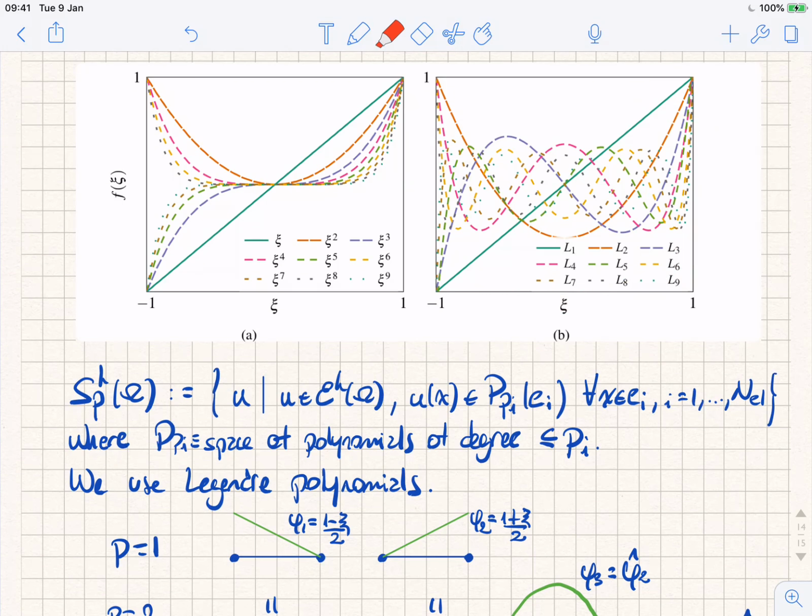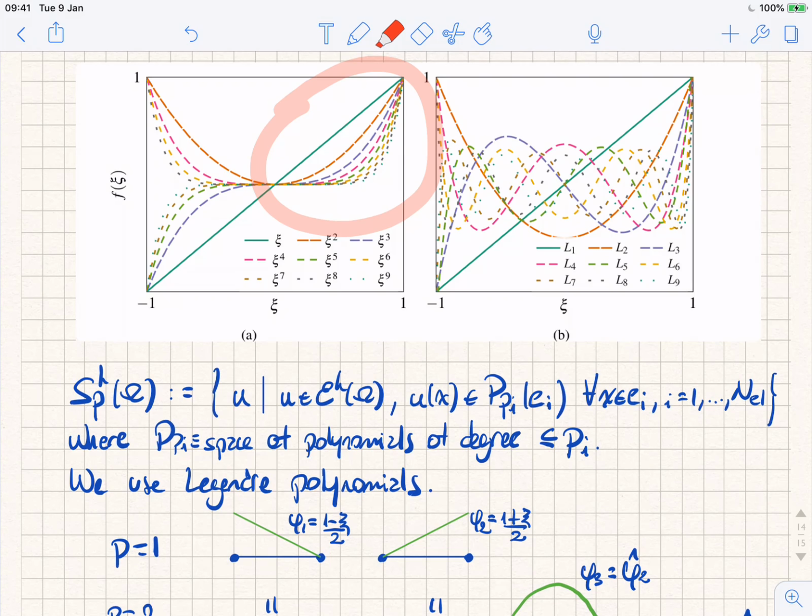That was contrary to what is happening here, where the higher the polynomial order, those polynomials are actually getting closer to one another, right? So you can think of, say you have a very, very high order p, and then you take p plus 1, those functions are almost exactly the same, right? So you do not introduce new interpolation capability to the approximation, right?